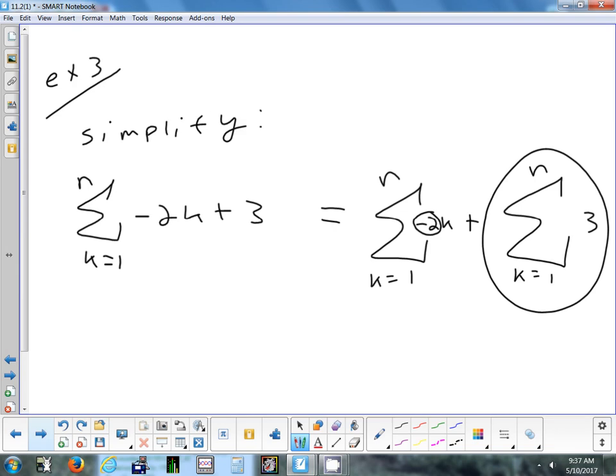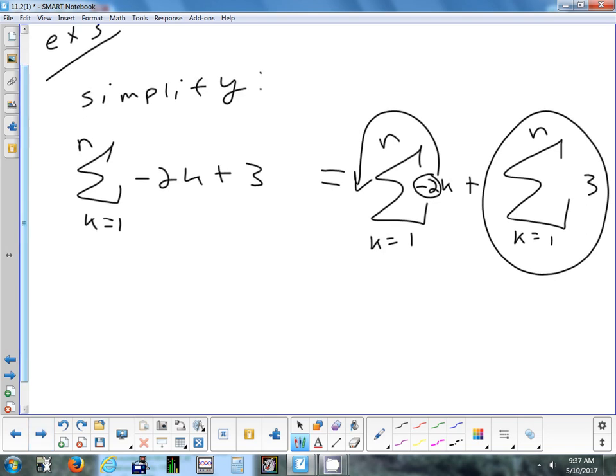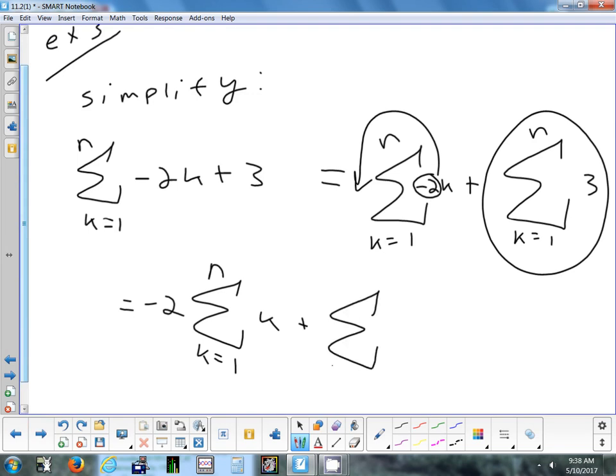Where? Yeah, we can put that in front. And when I do that, watch what happens. I get negative 2 times the sum from k equals 1 to n of k, plus the other part stays the same.